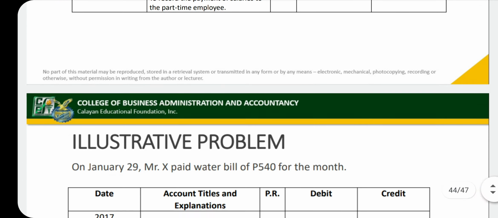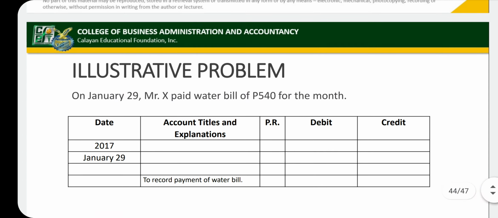Okay. The next transaction, lapit na tayo matapos. On January 29, Mr. X paid water bill for 540 pesos for the month. Class, in recording payments for utility bills, we use an account title called Utilities Expense and Utilities Payable. If wala pa po tayong binabayad na pera, so sa utilities payable ang pasok.